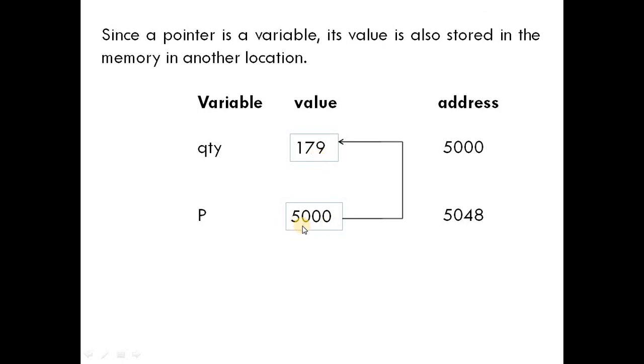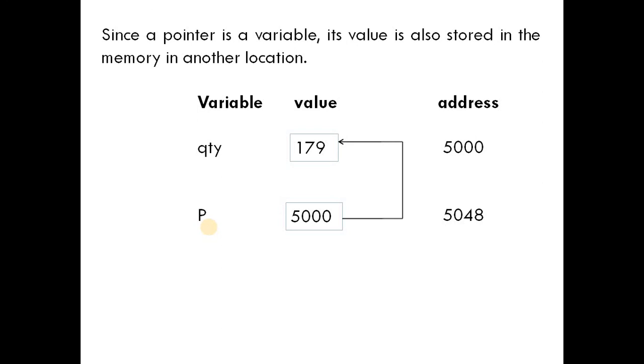Remember, this 5000 is not a normal regular integer. It is an address. Whose address? The address of quantity. So p stores the address of quantity. That is why we say that p is a pointer variable.